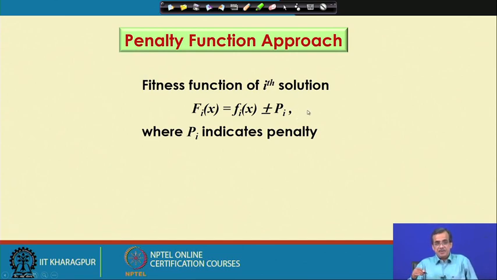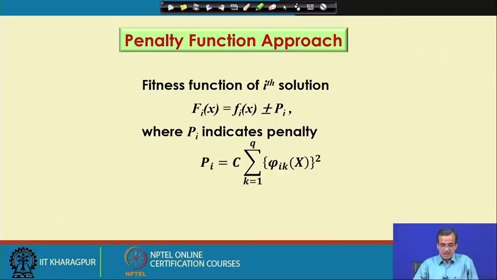Moreover, if a particular functional constraint is not violated, or if it satisfies the functional constraint, then the penalty term should be equal to 0. So, if there is any violation of the functional constraint, I will have to add or subtract the penalty depending on whether it is a maximization or minimization problem, and if there is no such violation, we will have to put this penalty term equal to 0.